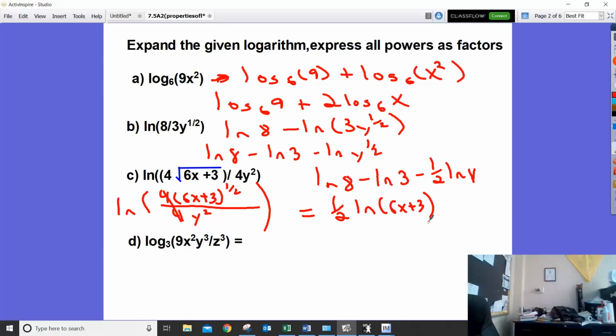And then there's something down low. What do we do with that stuff down low? Subtract it. You visualize in your head, minus natural log y squared. Well, where's the 2 go? Up front. Minus 2 natural logs of y. And that's all we're going to do on the expanding.